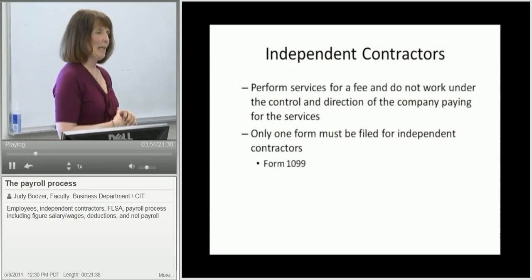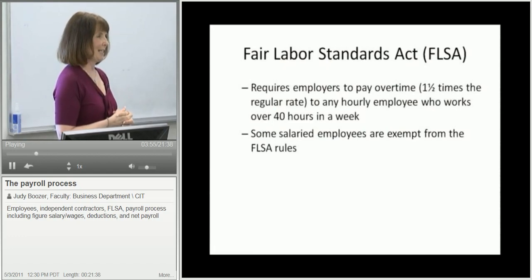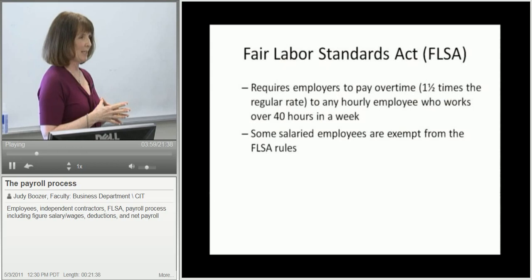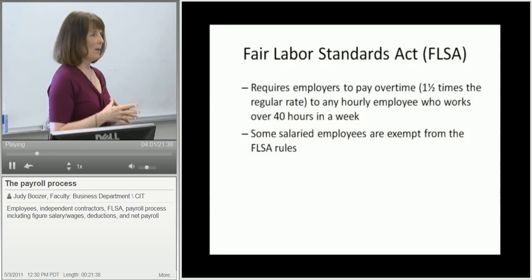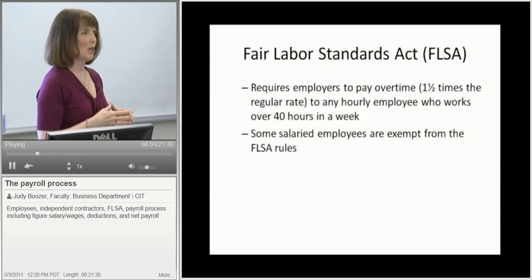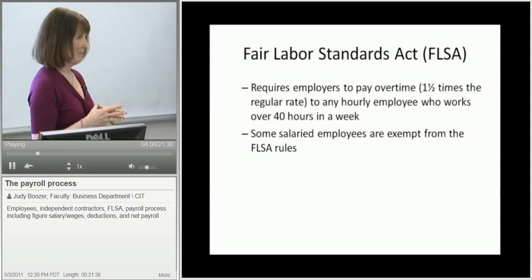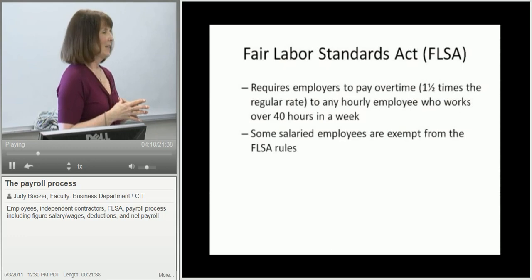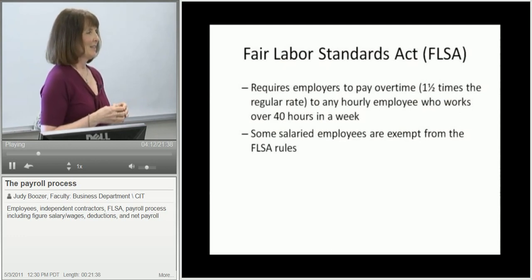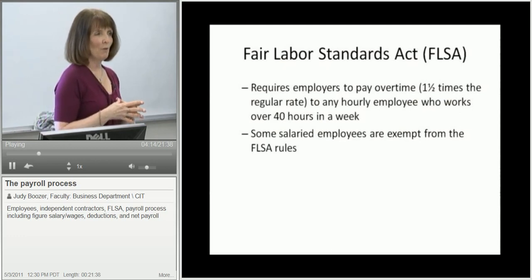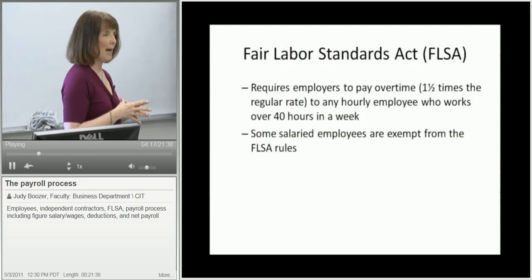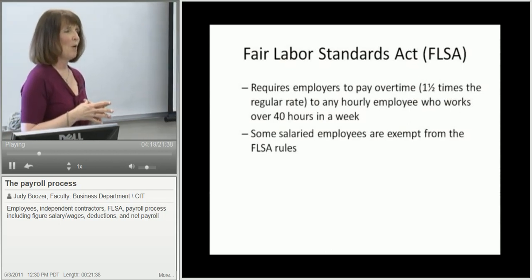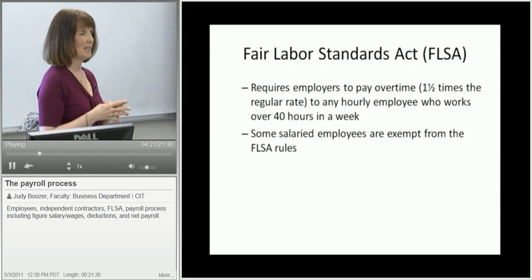Now, FLSA, the Fair Labor Standards Act, guides the rules for employees. One of them is the rules regarding overtime. What is overtime? It depends on what state you're in, but normally it's anything over 40 hours per week. However, that could be different from state to state.